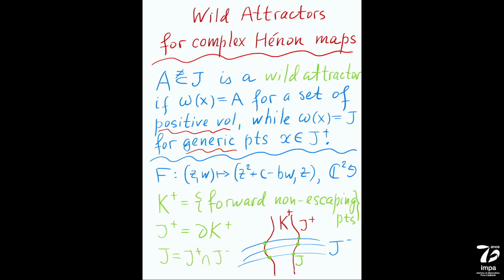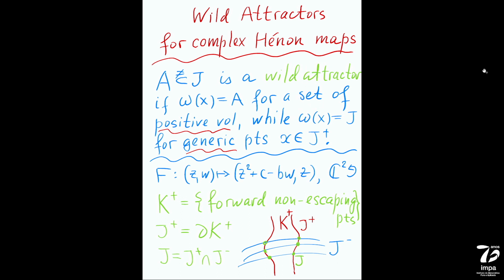Namely, if we take the forward Julia set J plus, you can guess what it is, it will have positive volume, four-dimensional volume, and almost all orbits there will go to our odometer, but topologically generic orbits will go to some little Julia set J. So inside of J plus, there will be some topologically transitive Julia set J. I don't have time to define all these, and I can't even point correctly towards them.